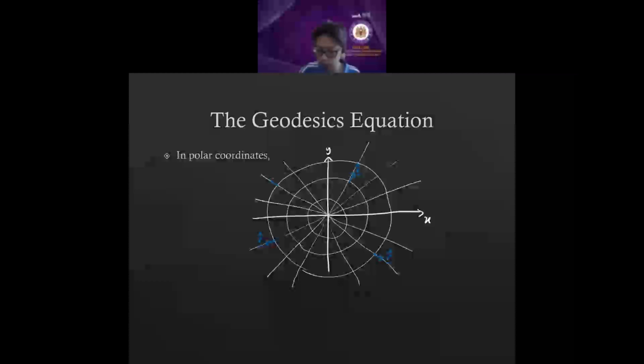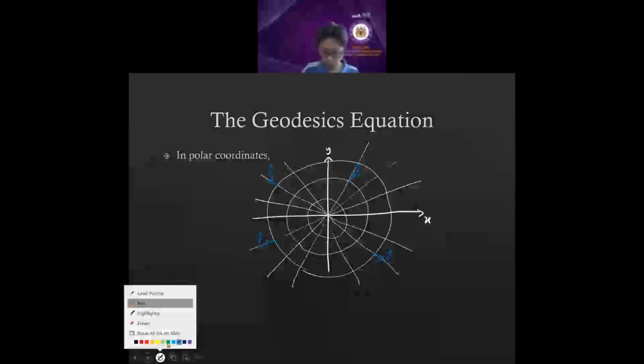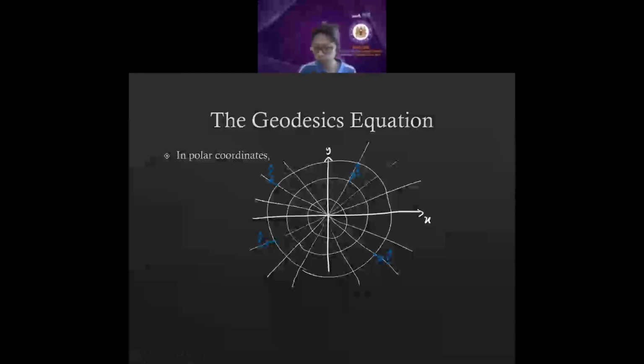And here, this is our r hat. Whereas our theta hat, the basis vector at each point in the direction of increasing theta, is here, here, here. But you can see that throughout the space, the basis vector changes.